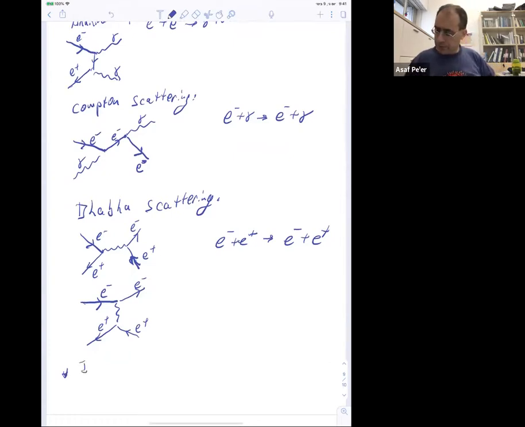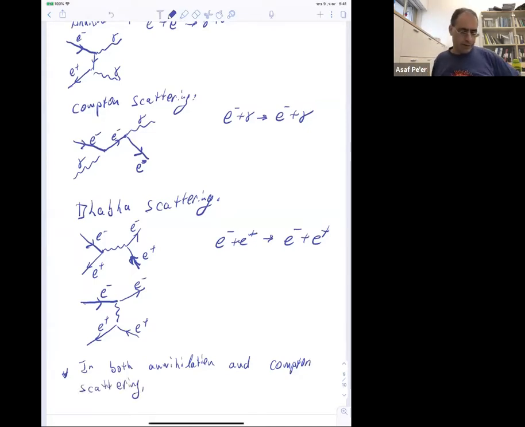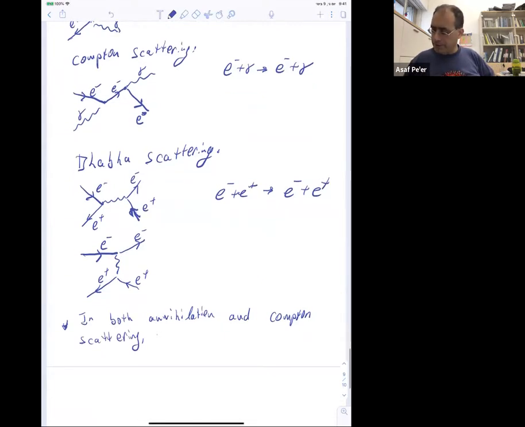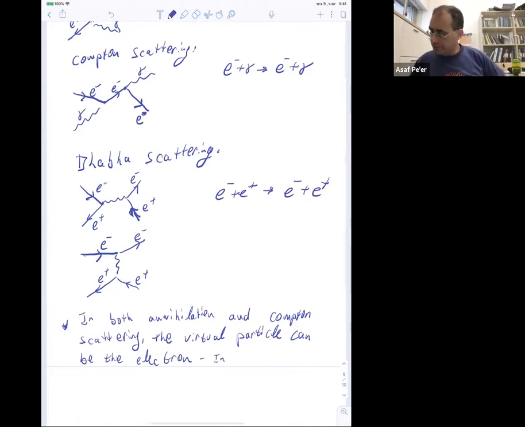Both annihilation and Compton scattering, the virtual particle can be the electron. So in QFT, this is allowed.